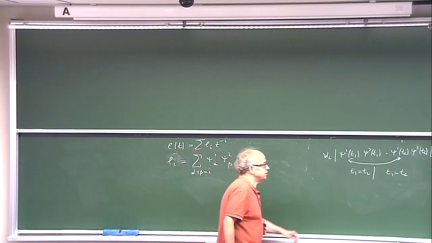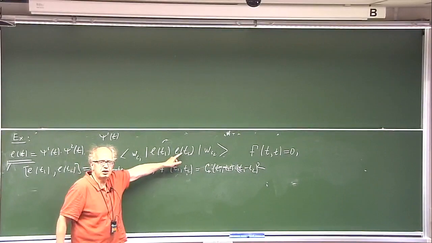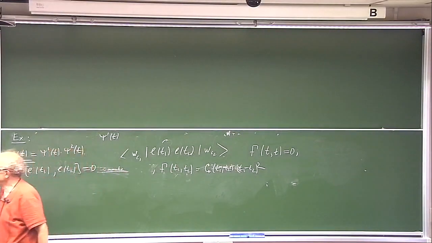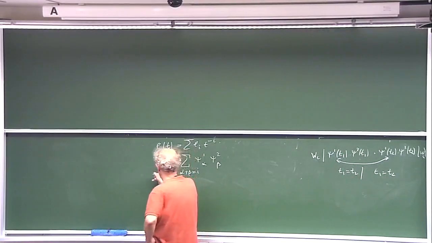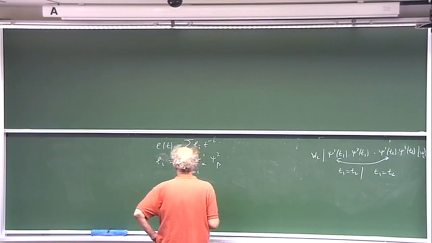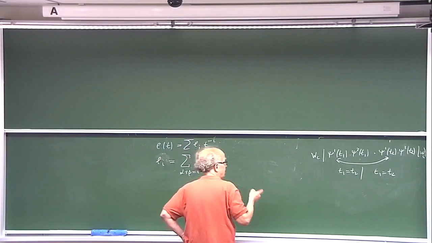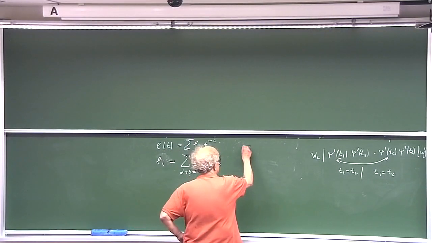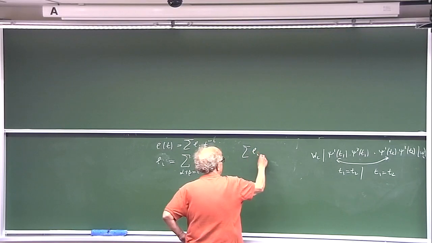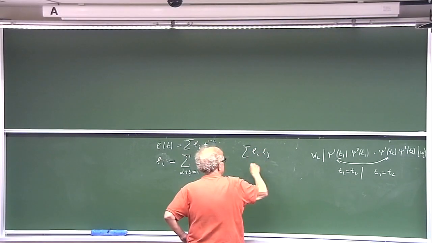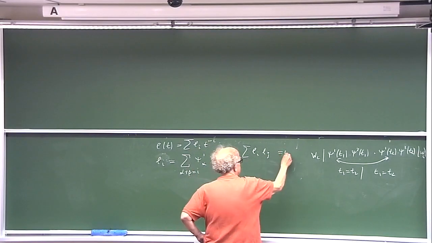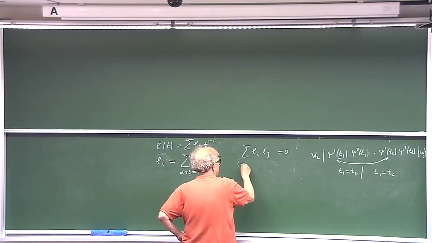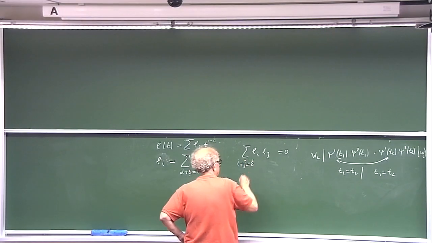And the condition that the correlation function here is 0 is some condition for that. And I claim that this condition, just to repeat, that the summation of E_i E_j equals 0 if i plus j equals some s.